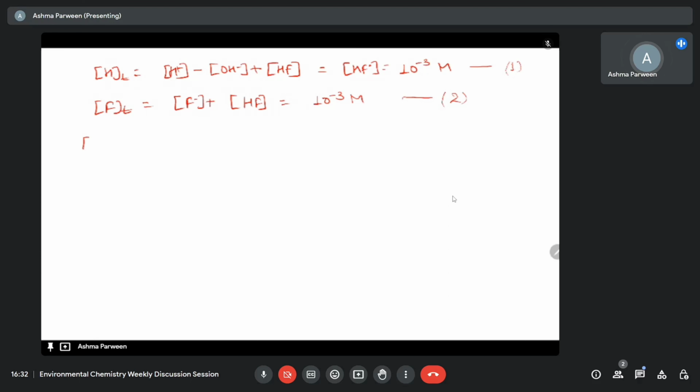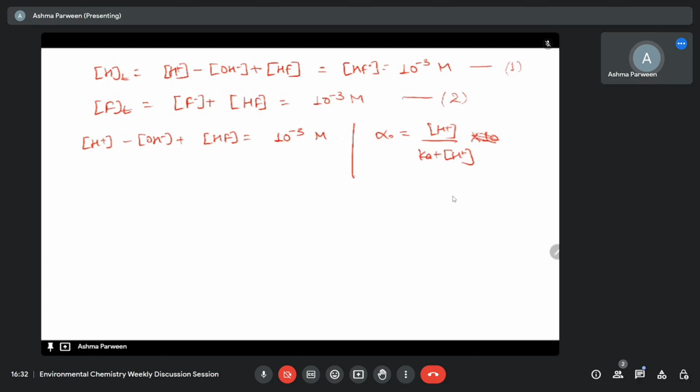So we have H plus minus OH minus plus HF equals 10 raised to the power minus 3 M. So let's move on, and as we know from the acid ionization constants, for a monoprotic acid alpha naught is equal to H plus upon Ka plus H plus, into the total concentration of the acid, which is 10 raised to minus 3.